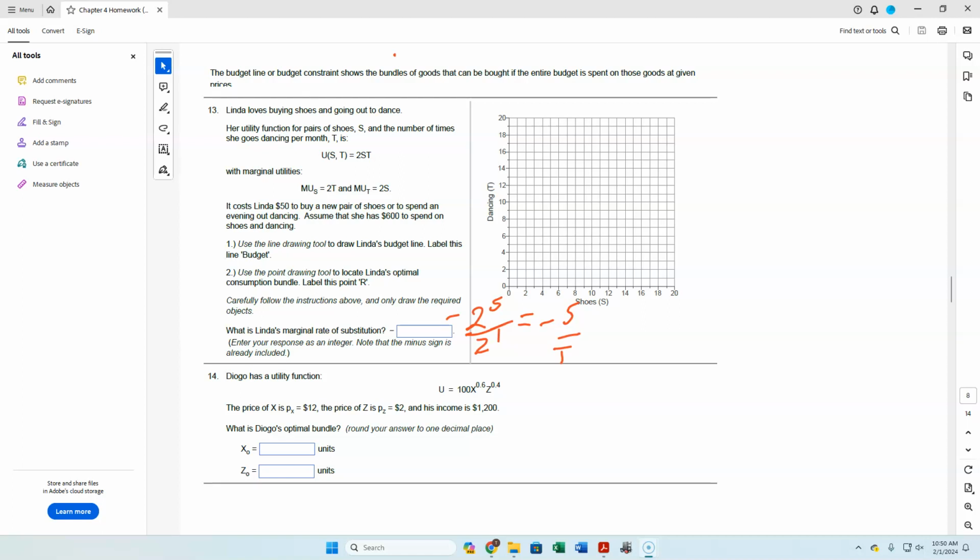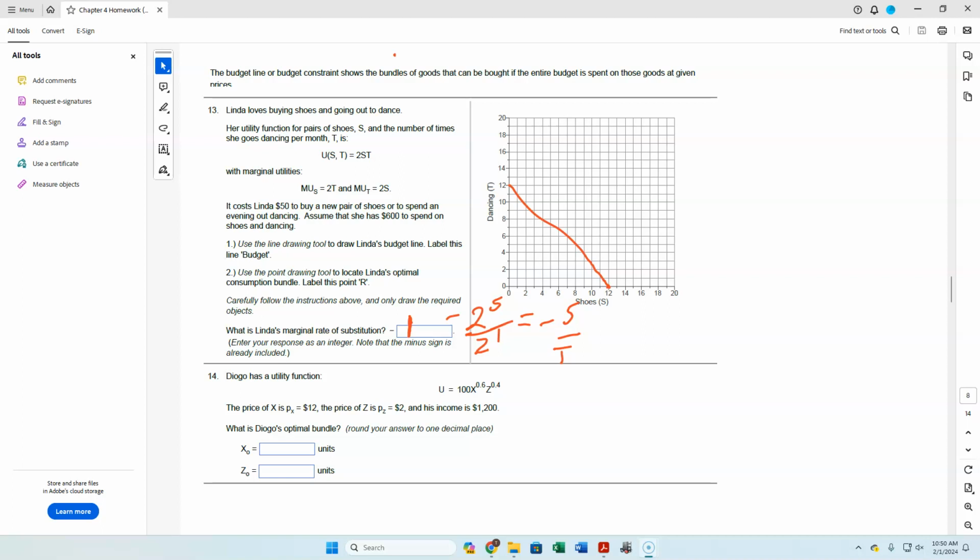Because if she has $600 to spend and each one costs $50, she could buy up to 12 pairs of shoes or go out dancing 12 times, presumably in bare feet. But it's a 1-to-1 ratio. So it'd just be 1. And when you graph this out, you'd be at 12 and 12.